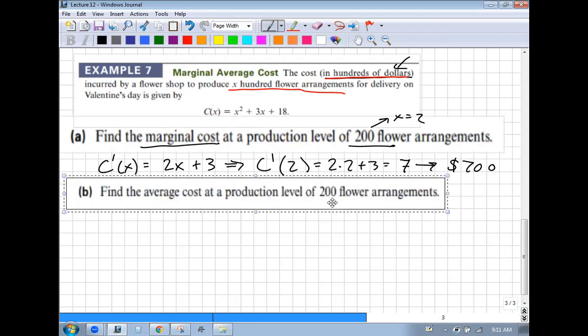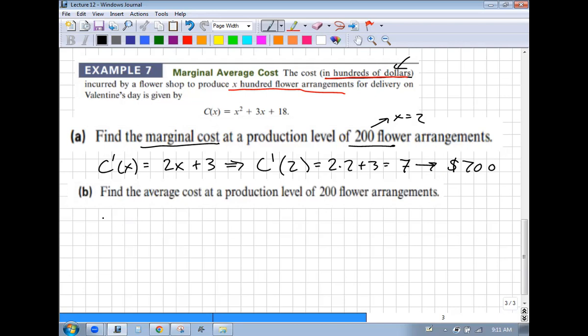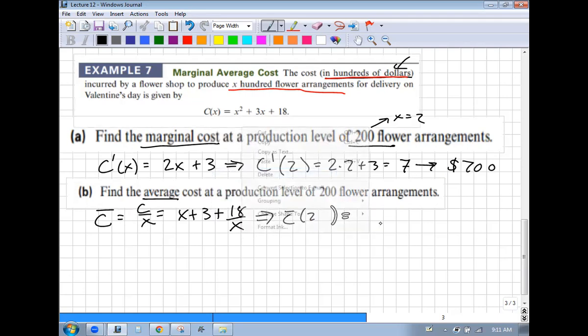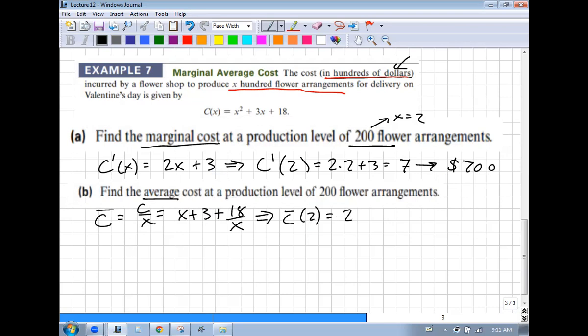Find the average cost. Okay. Well, that means we need to find C bar, which is C over X. So if we divide everything here by X, we get X plus 3 plus 18 over X, right? This is just average. So C bar at 200 would be, dang it, I did it again. 2, that would be 2 plus 3 plus 18 over 2. 18 over 2 is 9, plus 5 is 14.